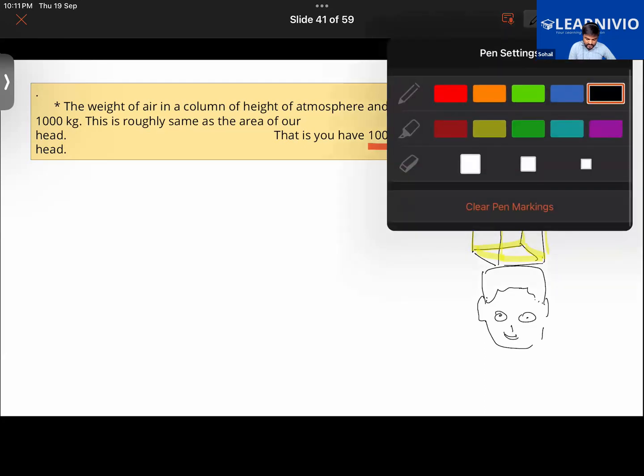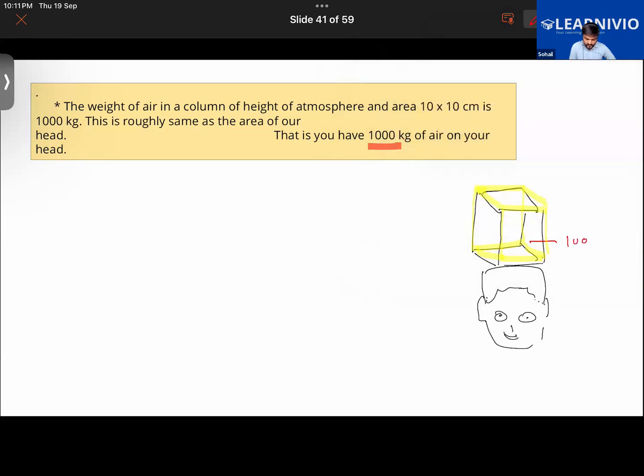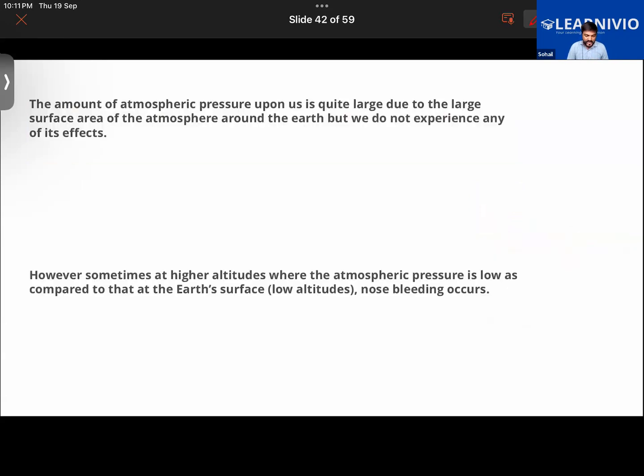About 1000 kilogram. So this much volume of air is above my head, if I am on the surface of the earth, not on Mount Everest or another high point. The weight of the air above my head is about 1000 kilogram. So just think about this. Why does our head not explode?